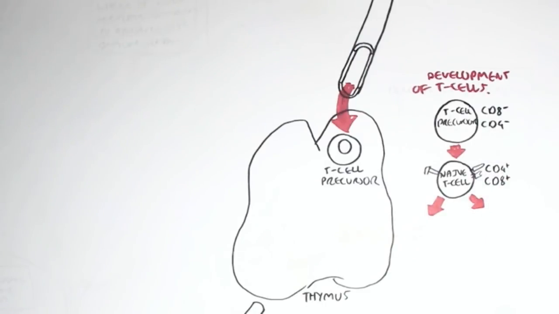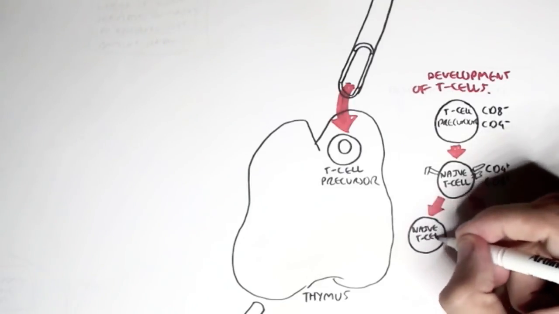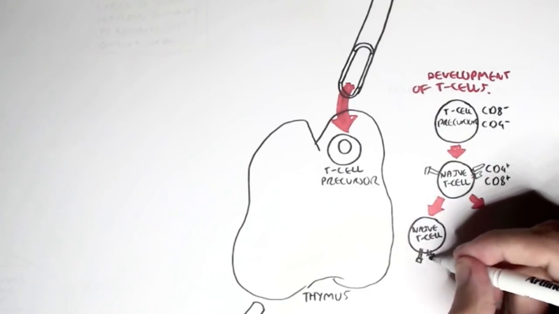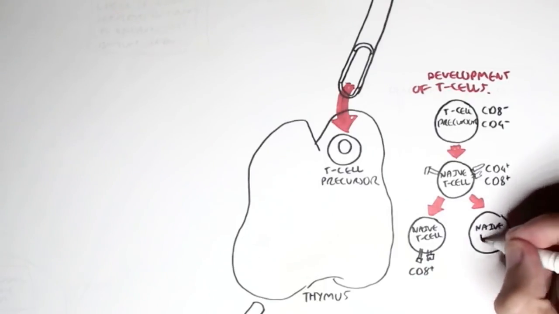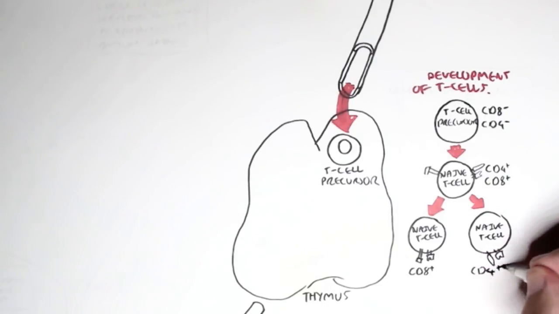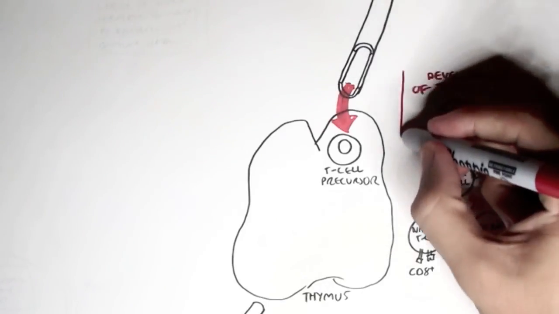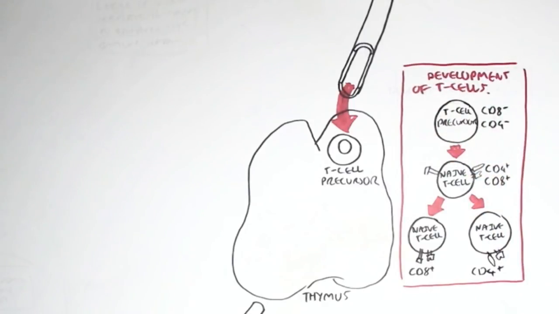Now this naive T cell, which expresses both CD4 and CD8 co-receptors, can then become specifically either a naive T cell which only expresses a CD8 co-receptor, or a naive T cell which specifically expresses a CD4 co-receptor. So we write this as a CD8 cell or a CD4 cell. So again, this T cell precursor will become either a naive T cell CD8 or naive T cell CD4.